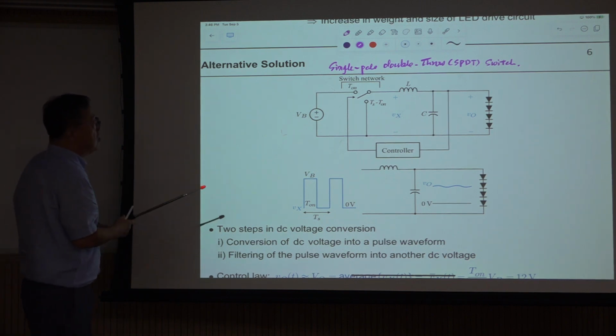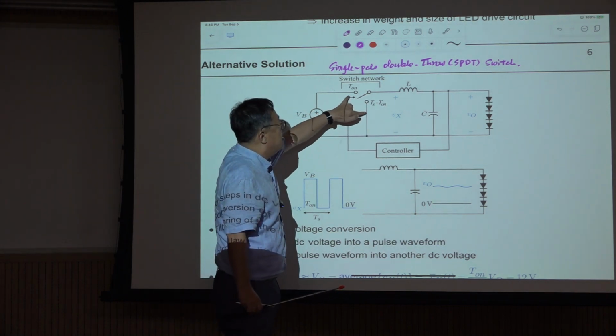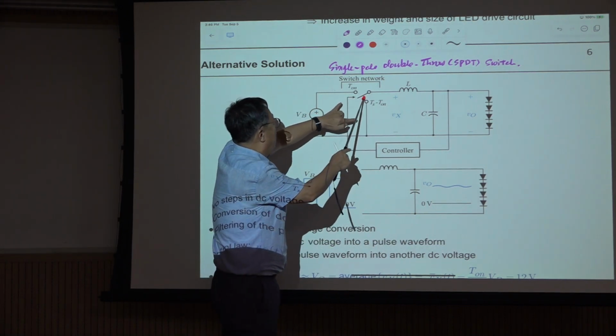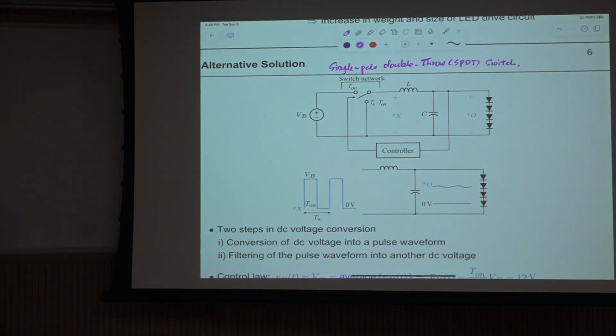Assume a fixed switching period T_S. This terminal will be referred to as A, and this terminal as P, the passive terminal.